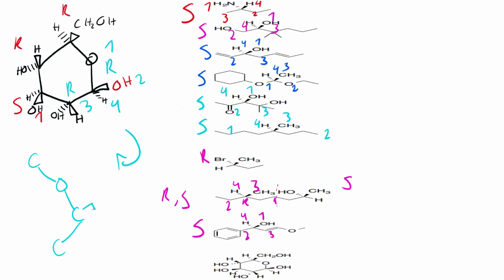And then this guy has an alcohol and then an H right there. And so what do I prefer? An oxygen by itself or an oxygen with a hydrogen? Well, I'd rather have an oxygen by itself, right? So I'm going to say that that is going to be priority number 1, right? So don't make the mistake that I did. Always double check what you had. So that's going to be an R configuration.